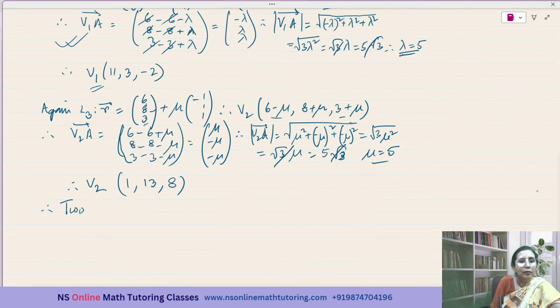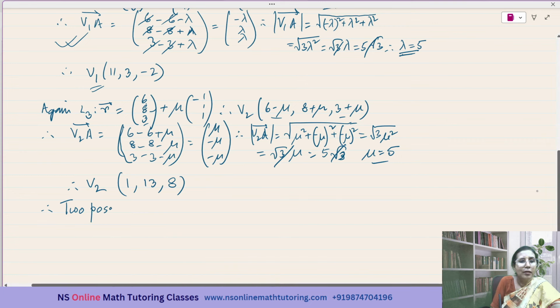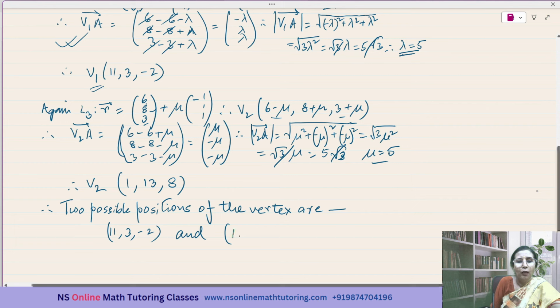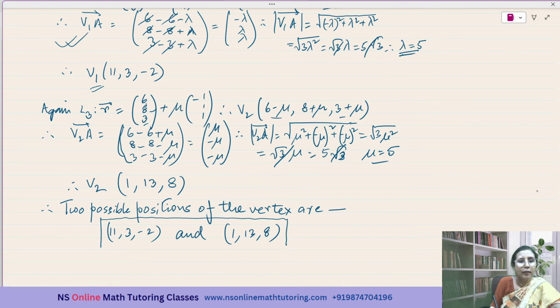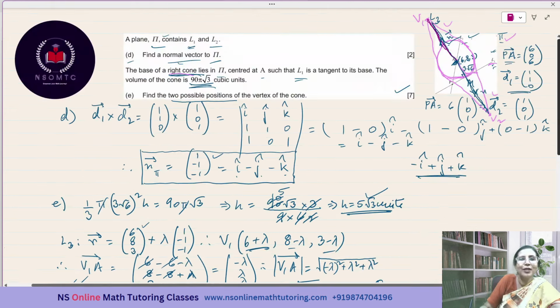The two possible positions of the vertex are (11, 3, -2) and (1, 13, 8). Okay, so we have completed answering this question number 12.